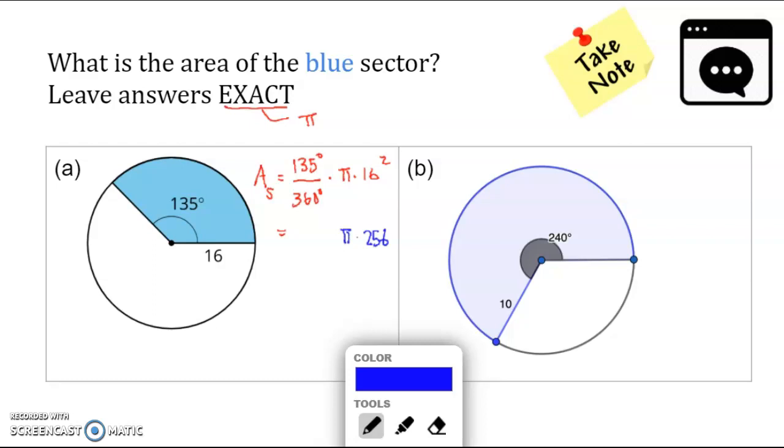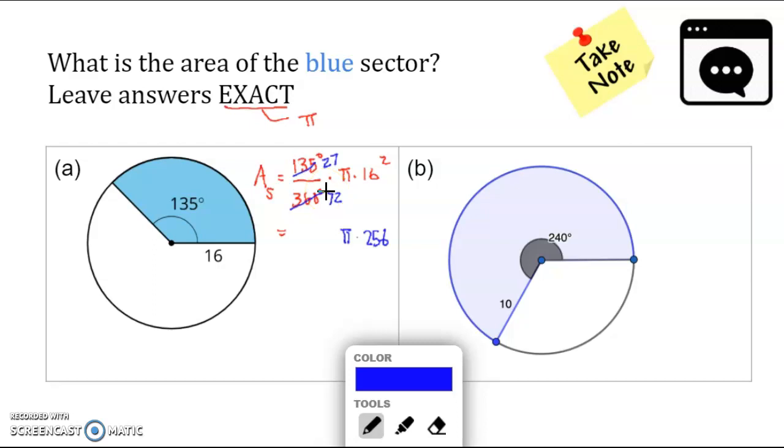Now let's see if we can simplify this fraction. 135 over 360, just start dividing by numbers that you know it is divisible by. Since it's ending in 5 and 0, I know that it is at least divisible by 5. So 135 divided by 5 gives me 27, and 360 divided by 5 is 72. Now I see 27 over 72.